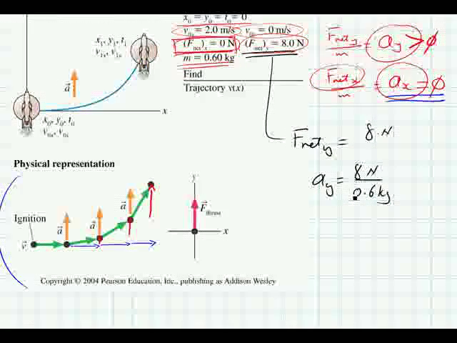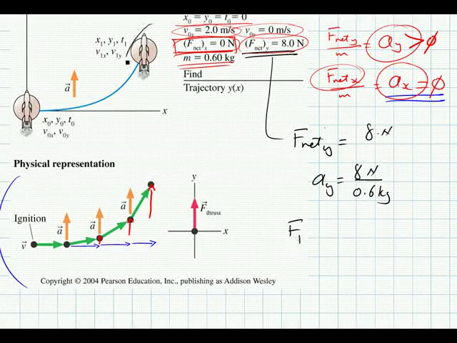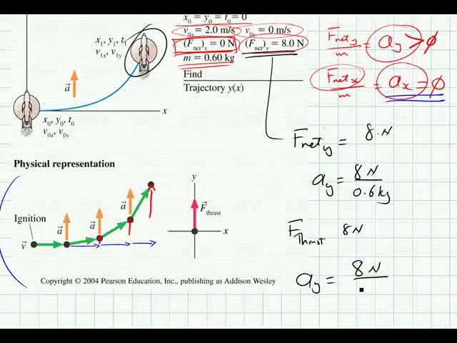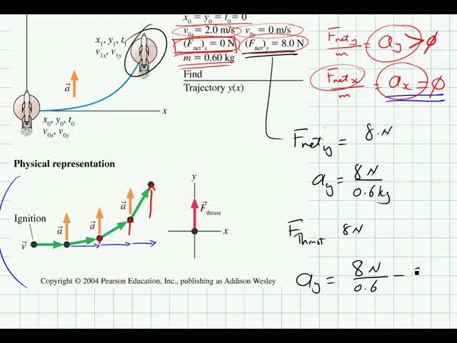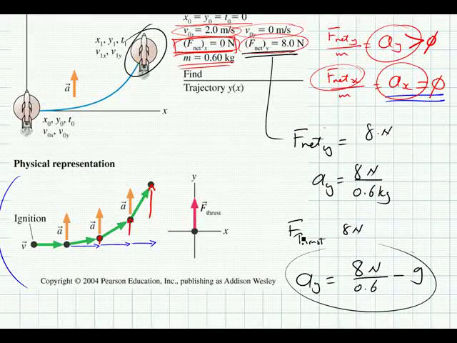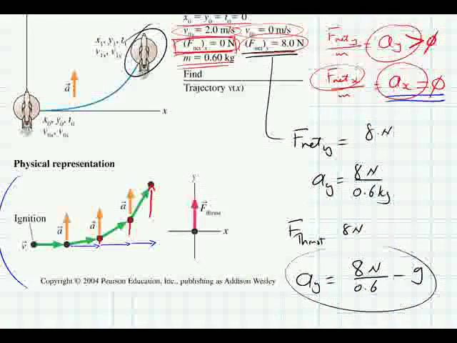But had the problem said that F thrust, we're talking about a rocket in this case, were 8 newtons, then of course a_y would have been 8 newtons divided by mass minus g. You need to remember that there's always acceleration due to gravity acting on the object. So that's one thing to remember.